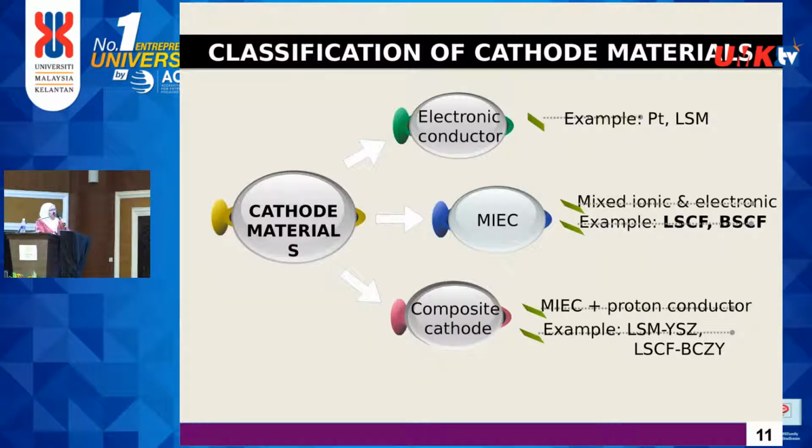In our research, we study what happens to the performance of the single cell if we use the MIEC, which in our lab is lanthanum strontium cobalt ferrite and barium strontium cobalt ferrite. Then we replace the MIEC with a composite cathode, which is the MIEC plus the proton conductor.